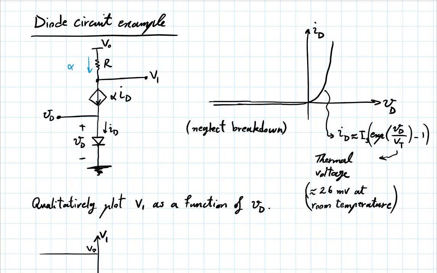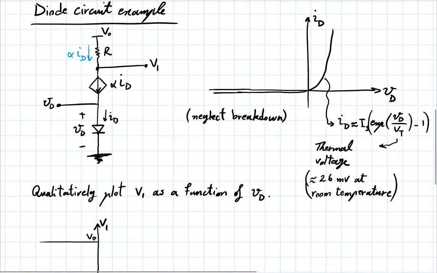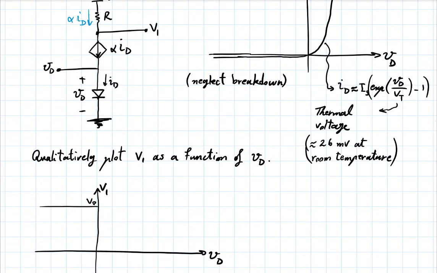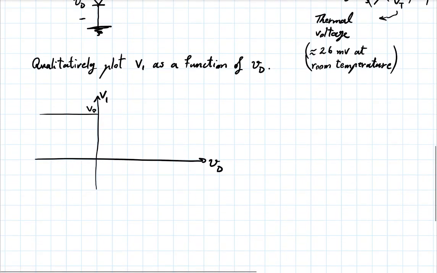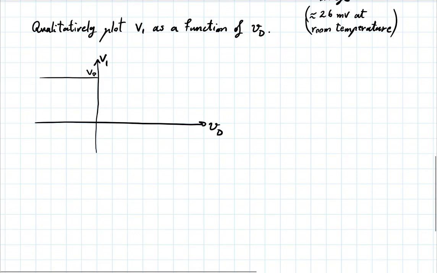So it's really this current here that is making the difference. And that's just alpha ID, right? Because V1 is just a node there for whom we are measuring the voltage, but the current going through R is the same as alpha ID. So what we are saying is that it's when VD starts approaching 0.6, 0.7 that things get exciting.